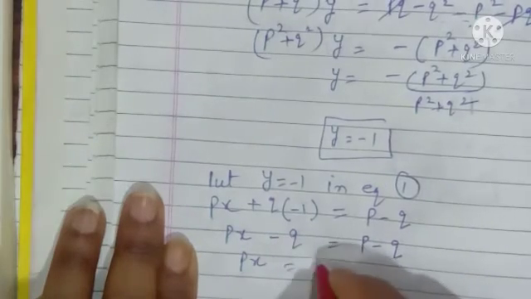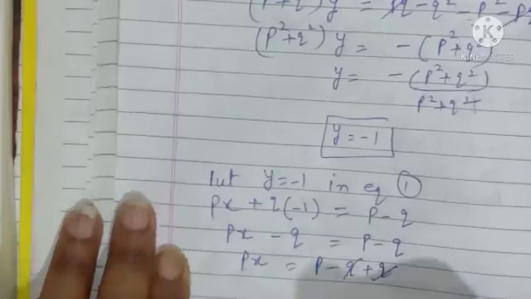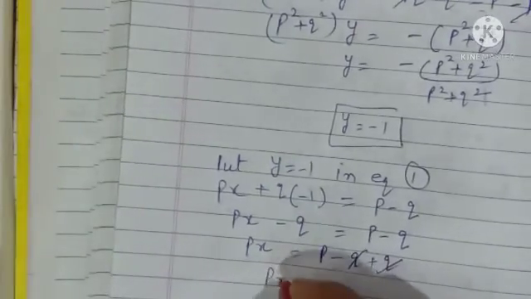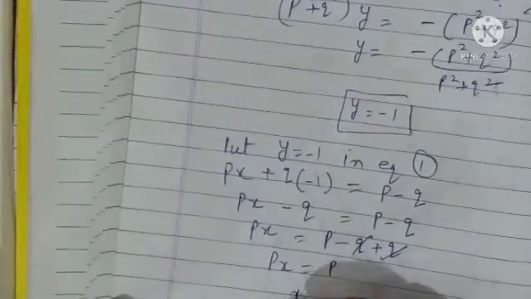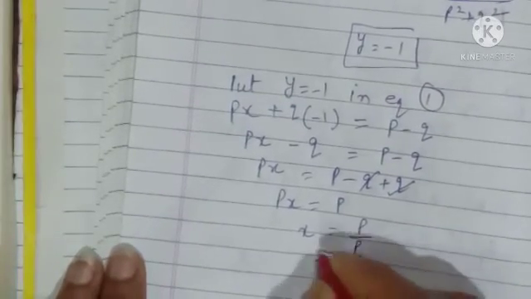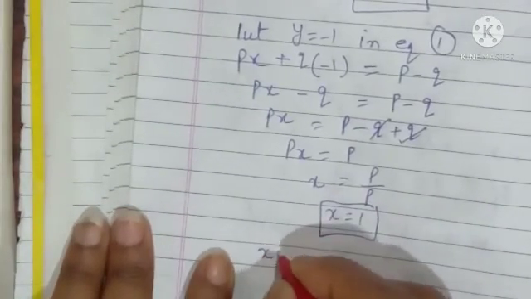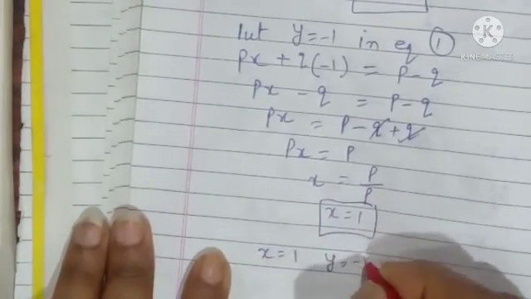Take the constants on one side. I get q will be cancelled with negative q. Px is equal to p. So x is equal to, from here, p divided by p, that is equal to 1. So the solution set of the given set of equations is x is equal to 1 and y is equal to minus 1.